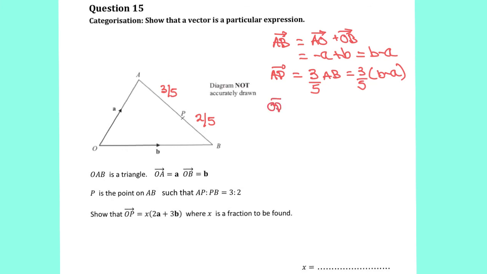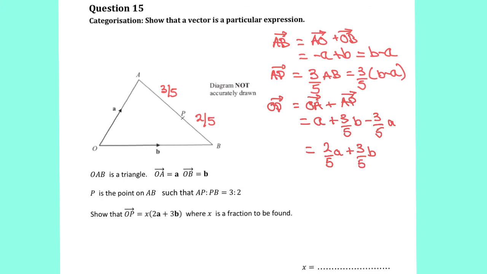So vector OP is equal to vector OA plus vector AP, which is equal to a plus 3/5 b minus 3/5 a, which is equal to 2/5 a plus 3/5 b.